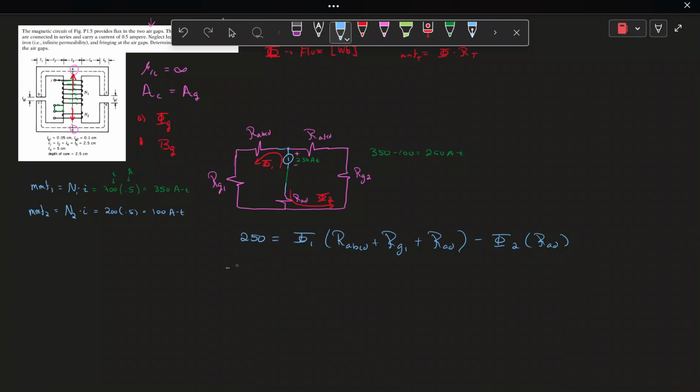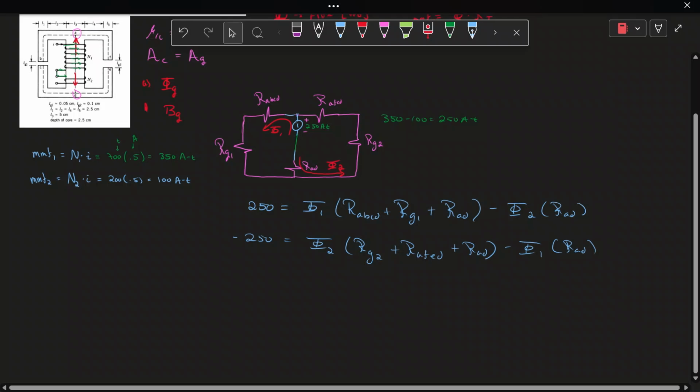For the second one, we have minus 250 is equal to flux 2, reluctance of G2, air gap 2, plus the reluctance of AFED, plus the reluctance of AD, minus flux 1 of reluctance AD.